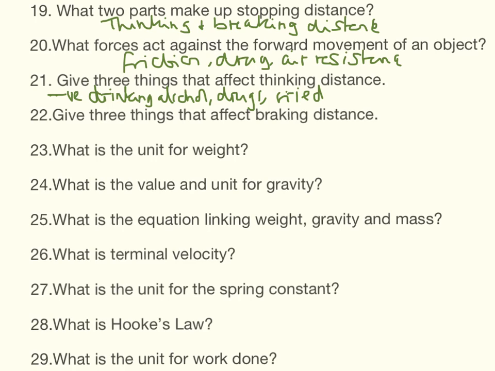Give 3 things that affect braking distance. Again, you need to say whether this is going to be positively or negatively affecting braking distance. So a negative effect could be the road conditions, so poor road, slippery surface. So if there's lots of gravel or if it's icy, and the brakes and the tyres on the car.